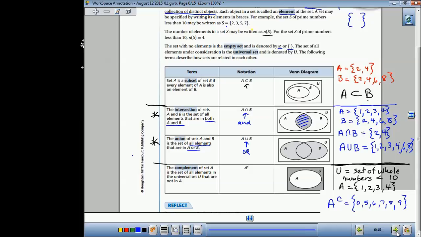Okay. We're going to look at two types of probability with this. We're going to look at theoretical probability and experimental probability.